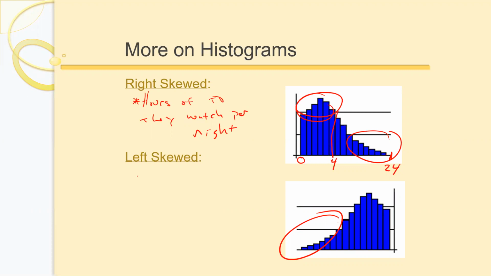Something that's left skewed you might look at would be the hours of sleep people get per night. What's the least amount of hours of sleep you could get per night? Yeah, theoretically it's 0, right?